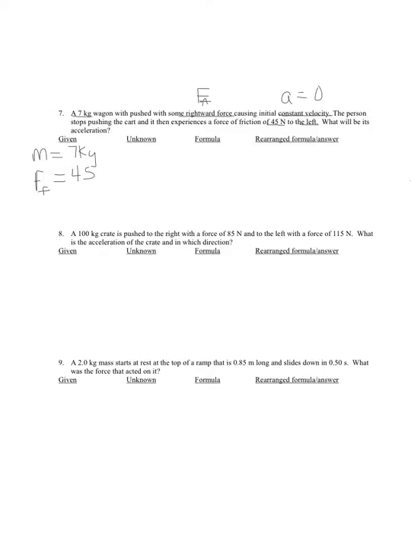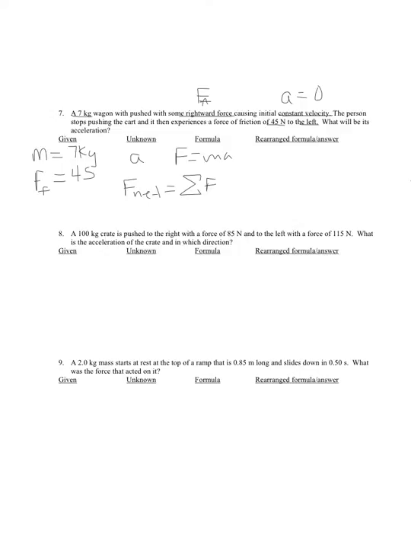And so what I'm looking for is the acceleration. So obviously I'm going to be using the force is equal to mass times acceleration equation, but how do I know what the question is asking me? Well, it's pretty simple actually. I know that F net is the sum of all of my forces, and this symbol is the sum of all of my forces, so if I have two forces that are opposing each other, I should be able to calculate my net force based on those two forces.